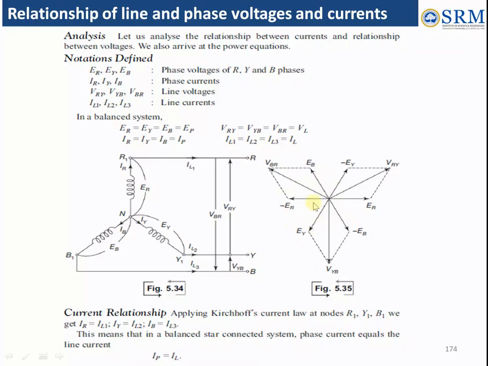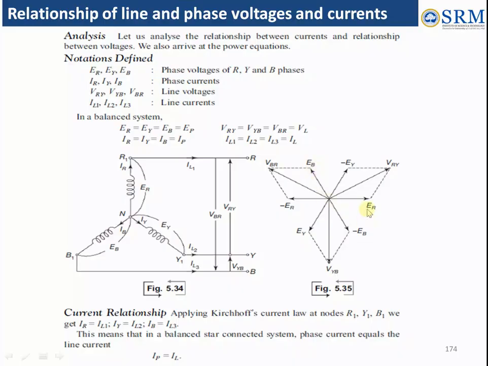Now we are going to draw the phasor diagram. So we know that it's connected in the form of an inverted Y, right? So you take this as R, and we invert a little bit here: ER, EY, EB.